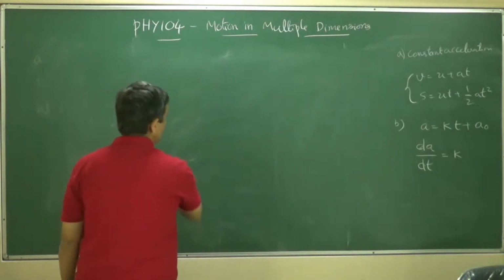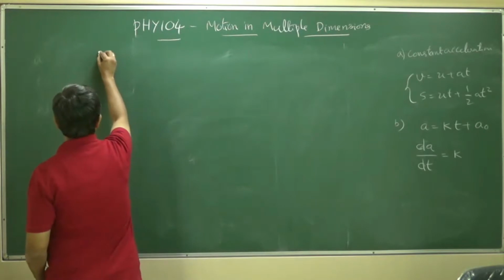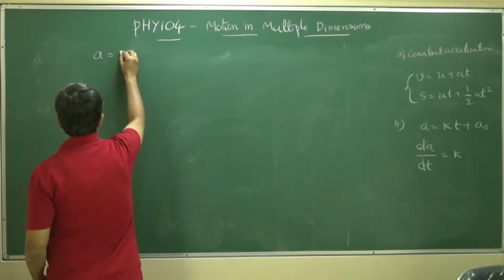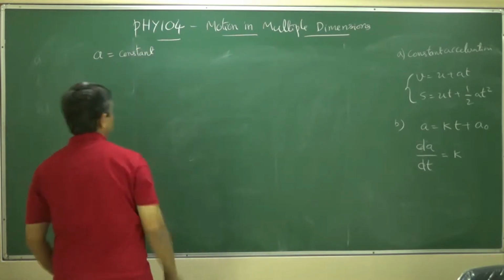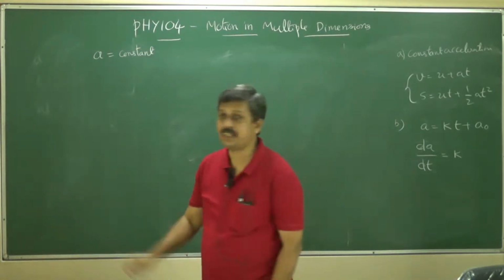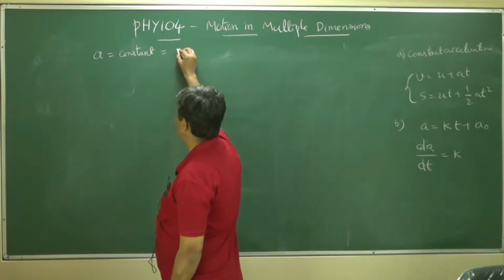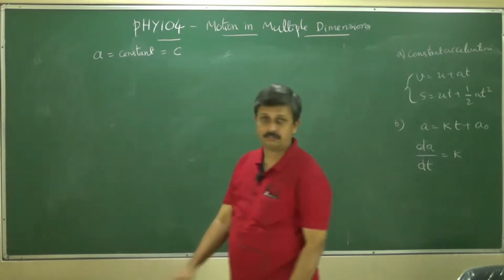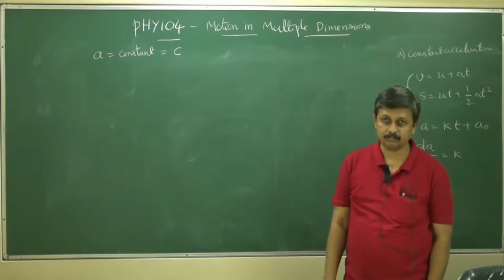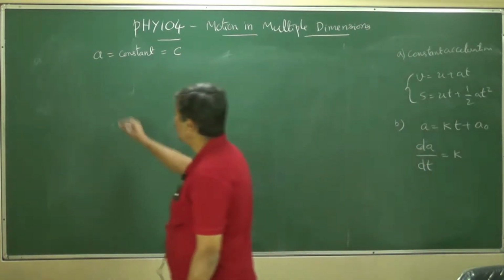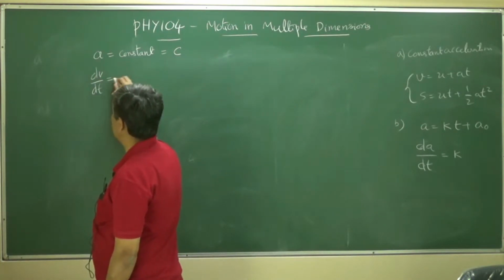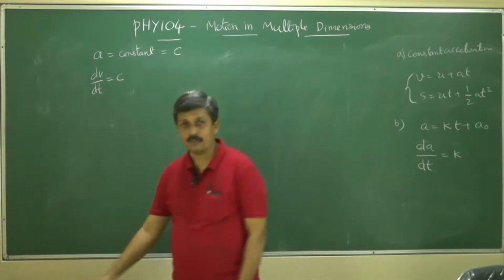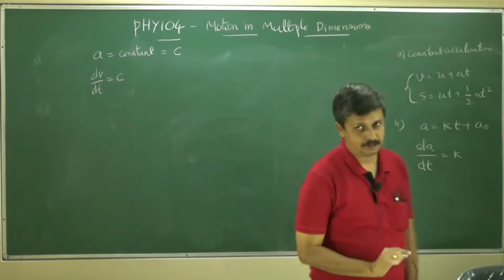We will start from acceleration is constant. I will put it as some constant, let us say c. Now, this is nothing but dv by dt is equal to c. I am not going to do anything other than what we have been doing in the previous problems.